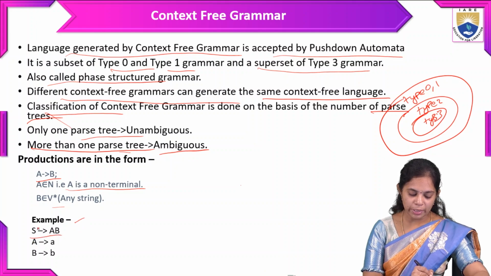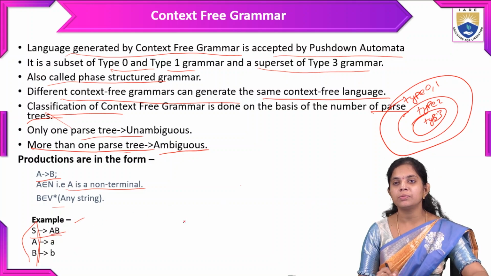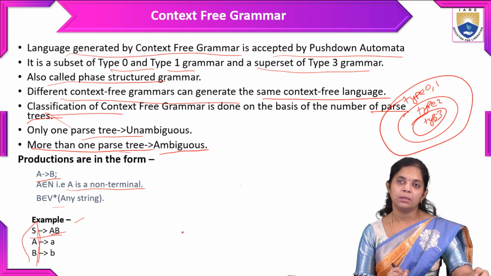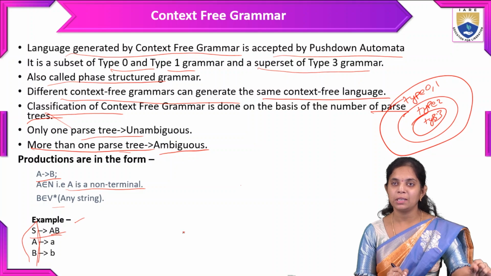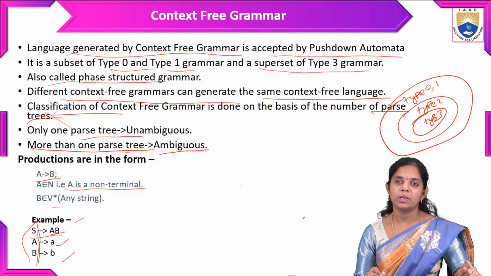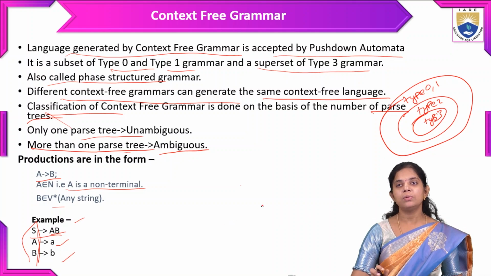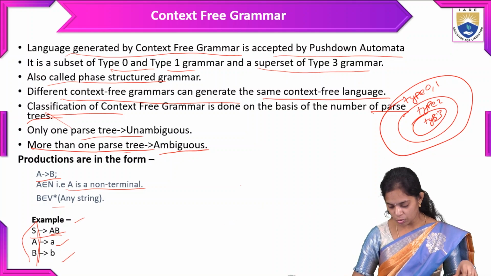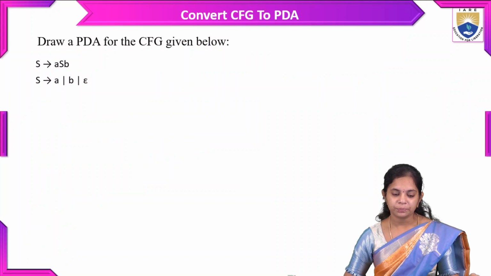Here on the left-hand side we have a single non-terminal, and the right-hand side need not be only terminals, we can also have non-terminals. There can be two non-terminals, a single non-terminal, or only a terminal value. So these are all the production rules for the context-free grammar.